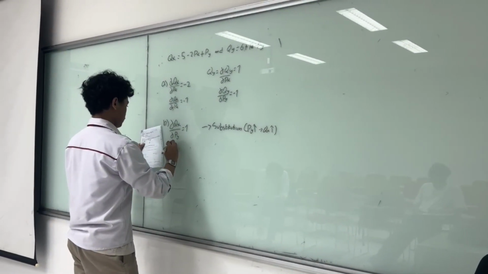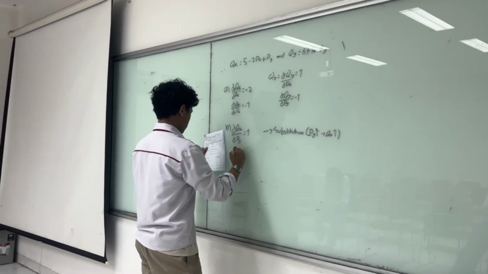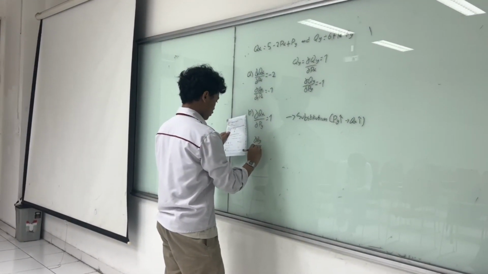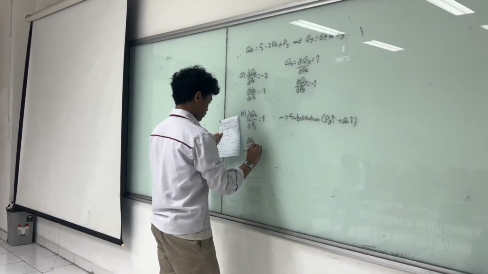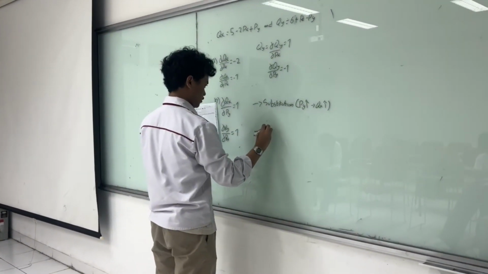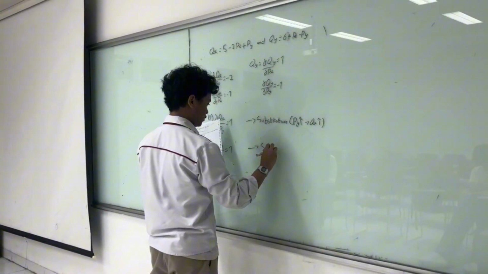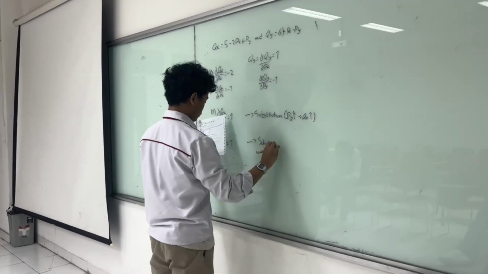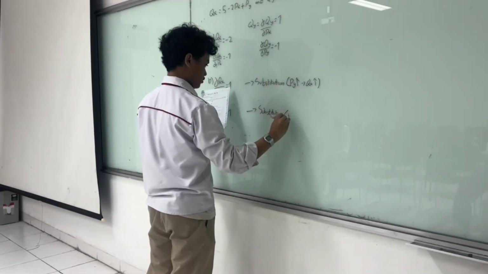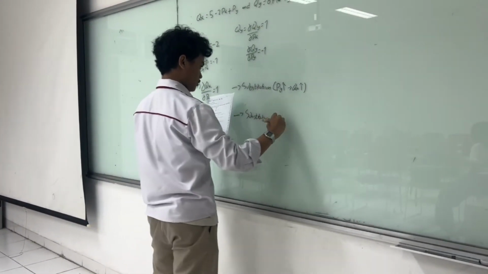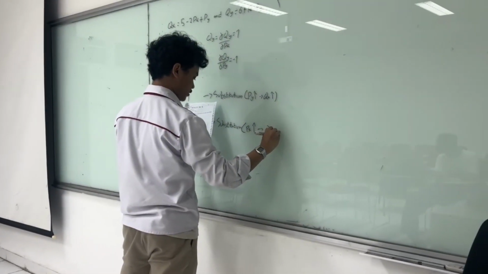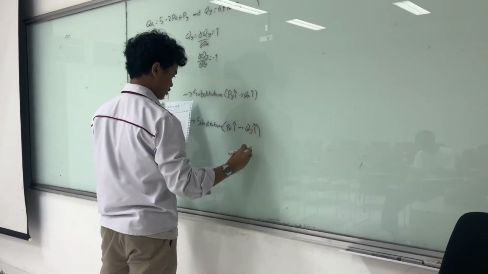Same like the first one, dou Qy over dou Px equals 1, and this is substitution. Px goes up, and then Qy goes up.